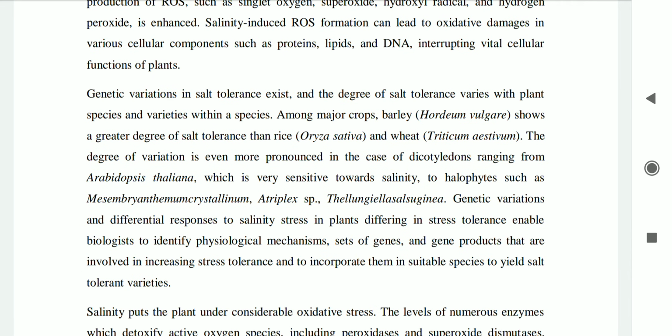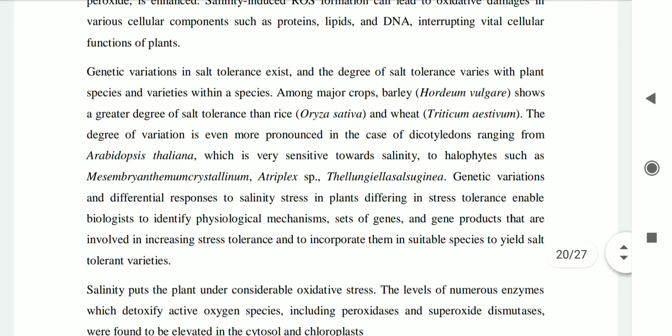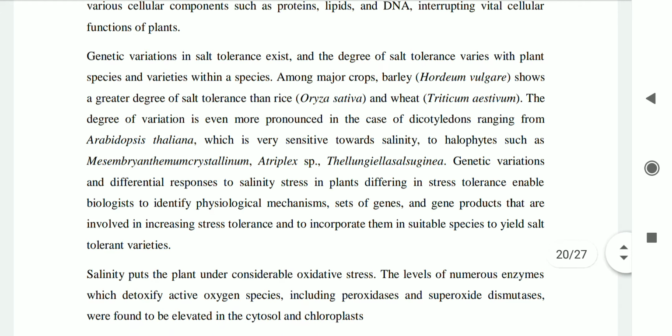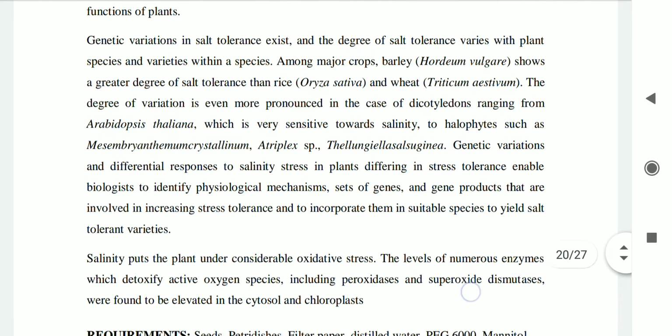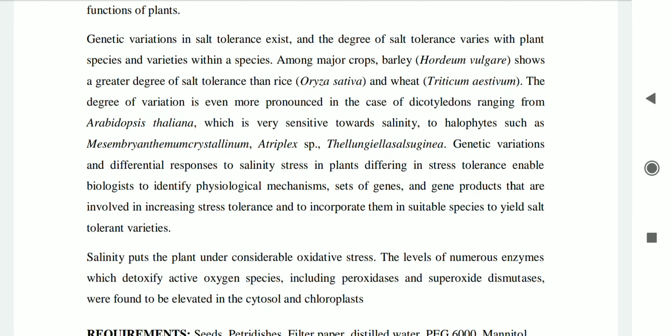There are also plants which are genetically tolerant, or genetically modified to make them salt tolerant. Among all the major crops that we grow for food, barley has the highest salt tolerance, but other crops such as rice, wheat, etc., have lesser salt tolerance. And when the plant is a dicotyledonous plant, the salt tolerance also decreases a lot.